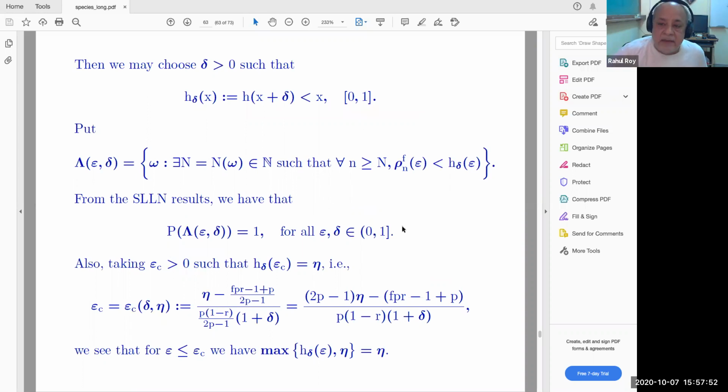Because h of 1 is less than 1, we can choose a delta, and we call this function h delta of x, so that h of x plus delta is less than x.